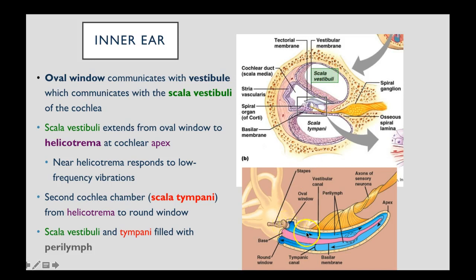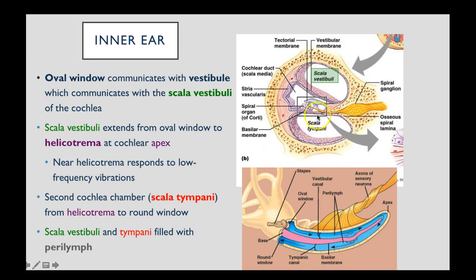Those vibrations were being sent through this region filled with perilymph. This then is going to extend all the way to the apex of the cochlea, also known as the helicotrema. And then we're going to send those waves down through that inferior region.